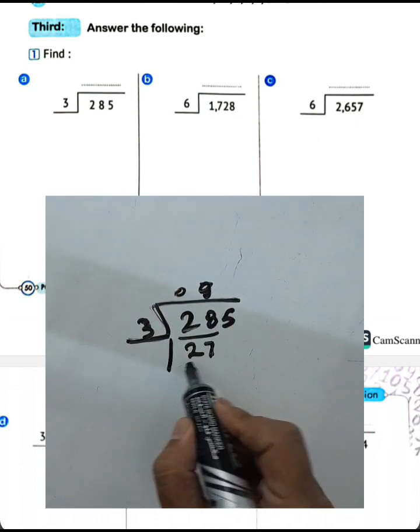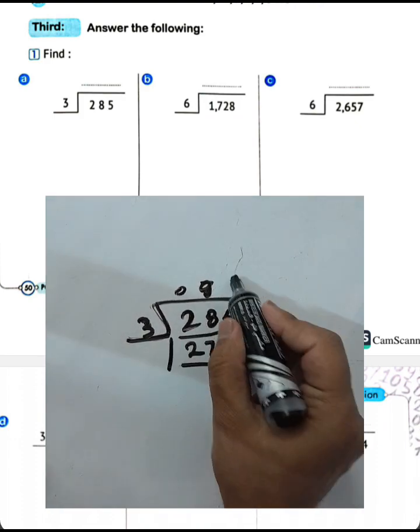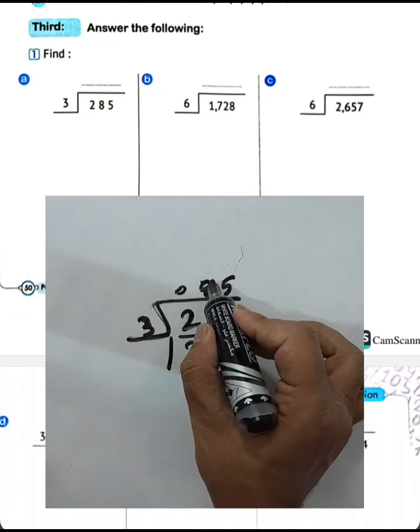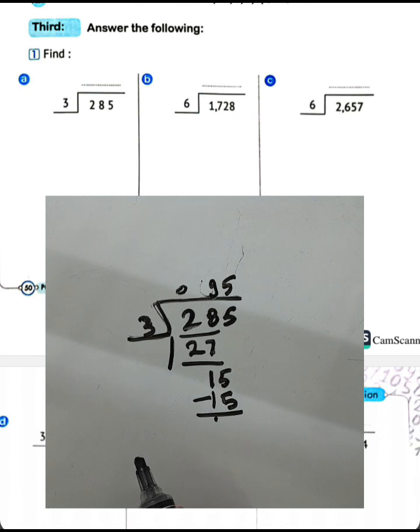Then 28 minus 27 equals 1, and then drop 5. 15 divided by 3 equals 5. And then the result will be 95. It's the result for this question.